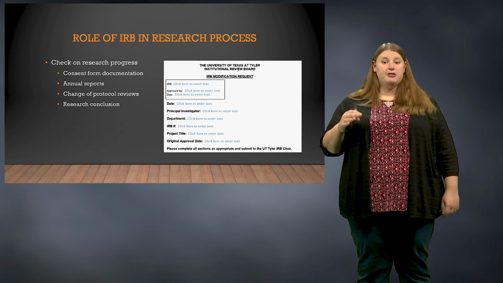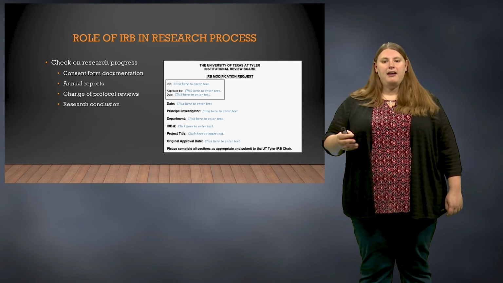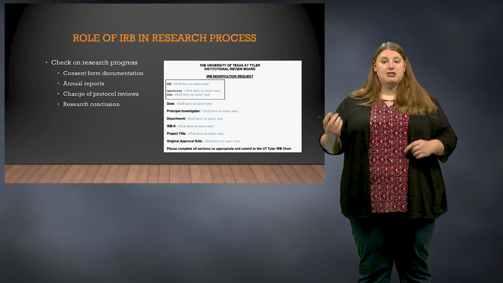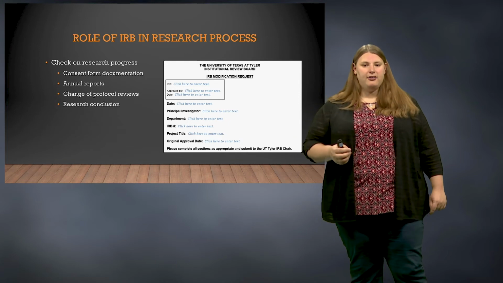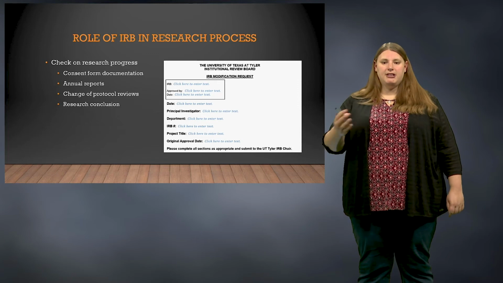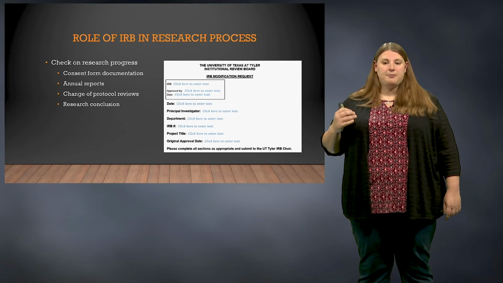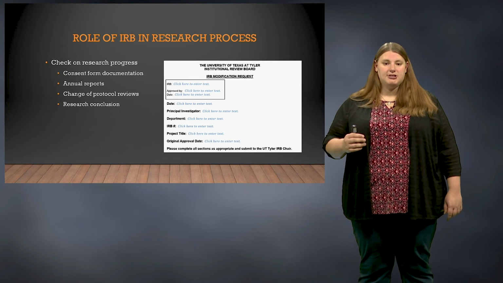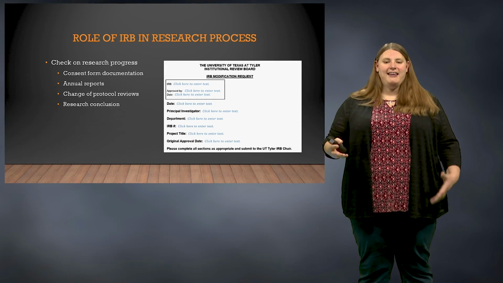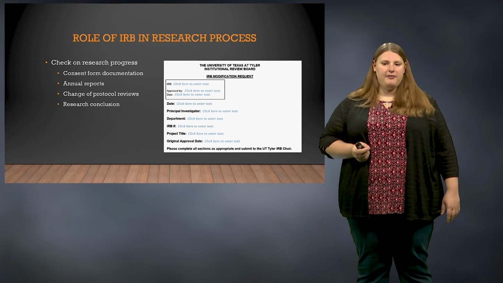The picture here shows you a piece of the change of protocol form for the UT Tyler IRB. The modification request form includes 9 areas of potential change. These include changes in general study information, like the study title, research design modifications, changes in the research personnel, changes in potential risks, changes in the financial cost, changes to procedures involving human subjects, changes in the study population, changes in the study recruitment procedures, and they also have an other category for any other additional changes that don't fit into one of the above categories.